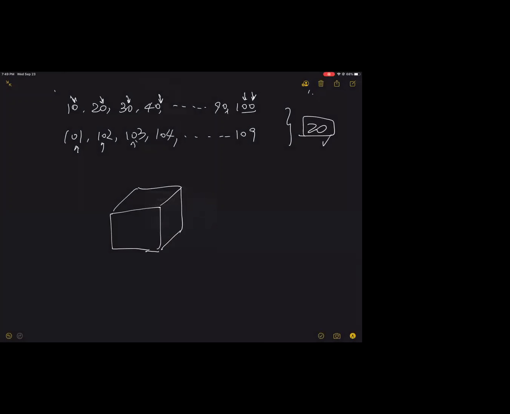Okay, so if this is a dice, there will be marks, but let's just say 1, 2, 3, 4, 5, 6. There will be 5 different numbers, right? In the first round, if mom got 1, then what would she say?